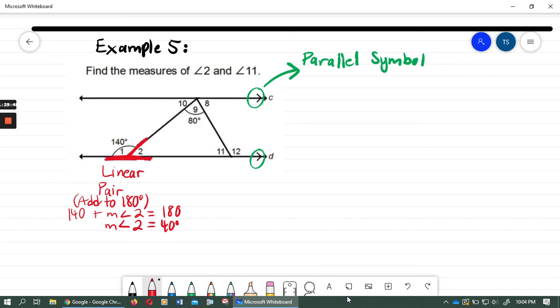This one was a linear pair. I didn't want to take up all of that space. I apologize if it looks sloppy, but again, folks, that is a linear pair, and we have found the measure of angle 2.